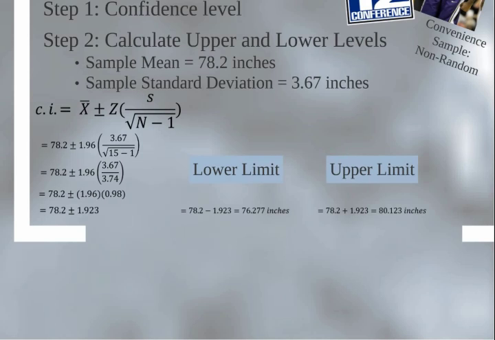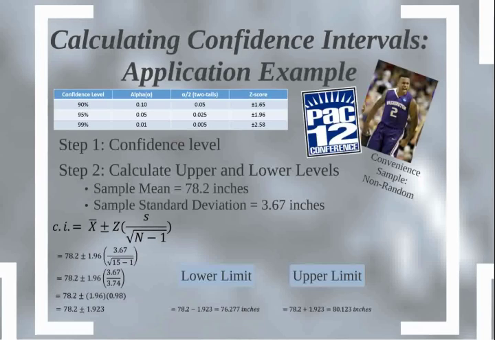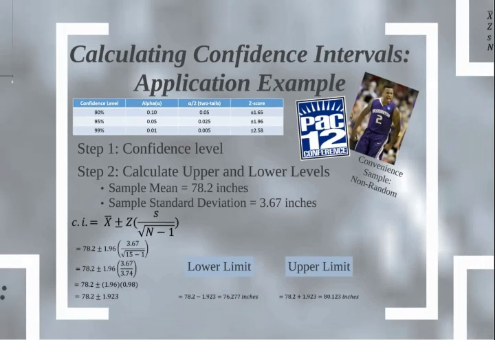There's a 5% chance that the Pac-12 players' average height will be beyond those limits. There's a chance that it'll be lower than 76.277, and a chance that it'll be higher than 80.123. So that is our applied example here.